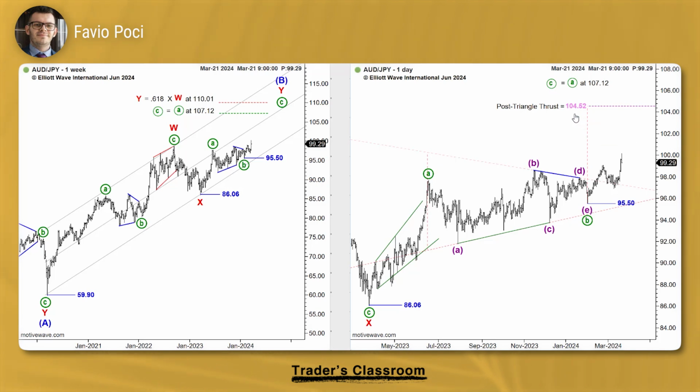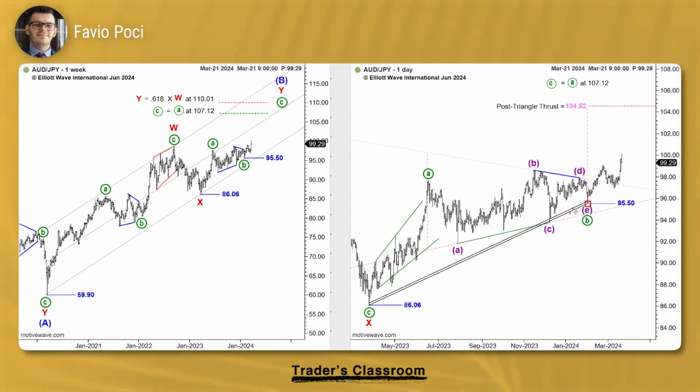In this case, it comes in at 104.52. So that's going to be our first expected target, followed by the quality projection between C and A, which comes in 3 points higher, around 107.12.